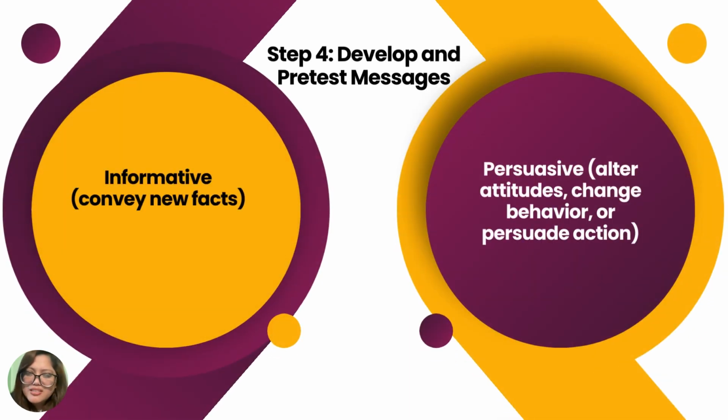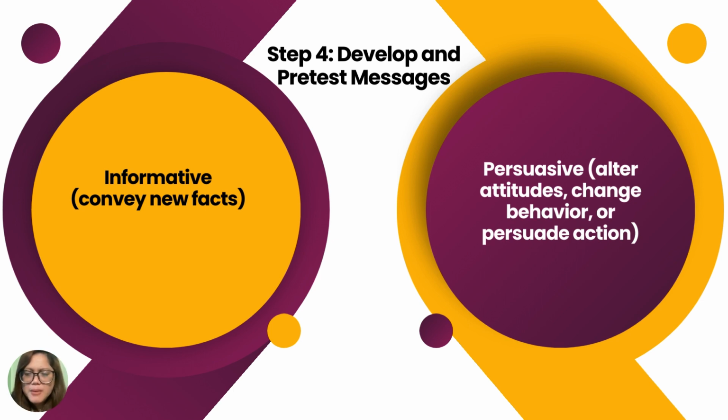Once we have identified the intended audience segments, the next step is to develop and pre-test our messages. In this stage, we need to make messages that connect with our intended audiences or segments and encourage them to support goals.